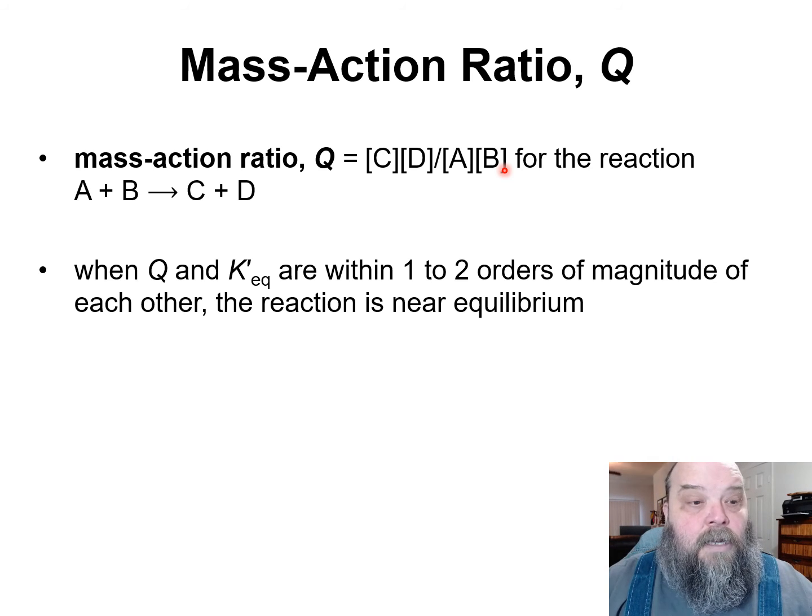Okay, we're not taking all that into account here. We're just looking at concentration. When Q and K prime eq are within 1 to 2 orders of magnitude of each other, the reaction is going to be at equilibrium.